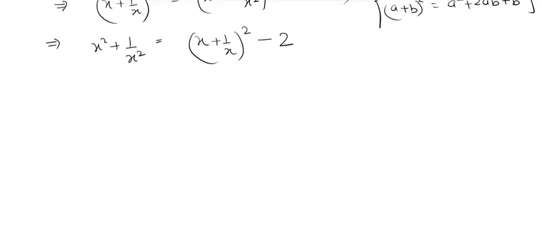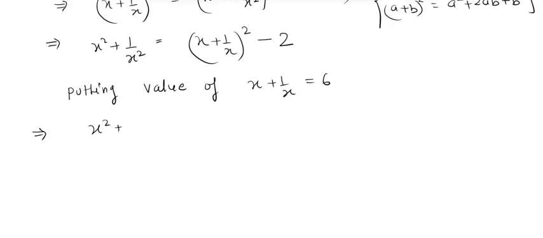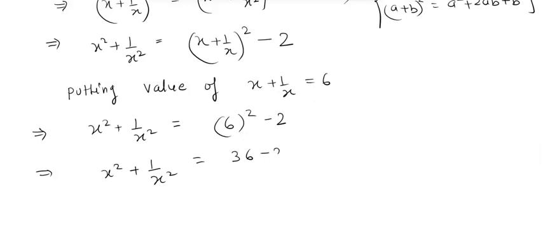So, now putting value of x plus 1 by x is equal to 6. So here we will get x square plus 1 by x square is equal to 6 square minus 2, which is 36 minus 2.